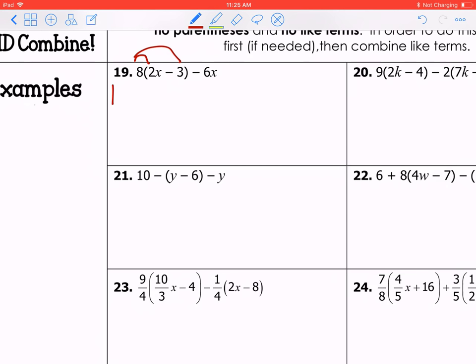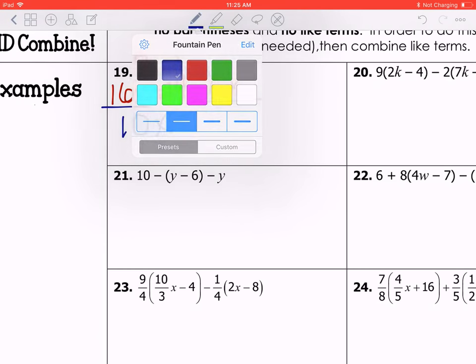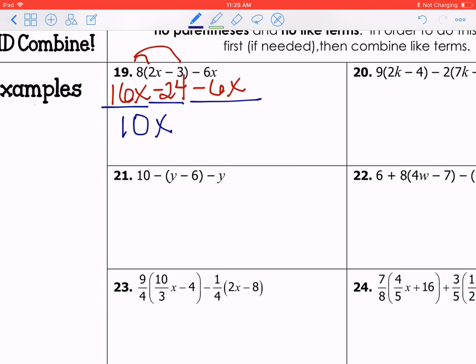We're going to multiply, get 16x, subtract 24, and you're going to bring down this negative 6x. From there, combine your like terms, which should be your variables. 16 minus 6 is 10. And the constant of negative 24 doesn't have anything to combine with, so it's going to be minus 24.